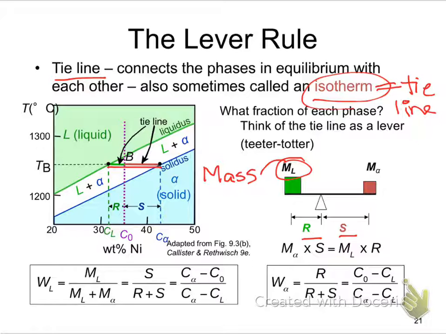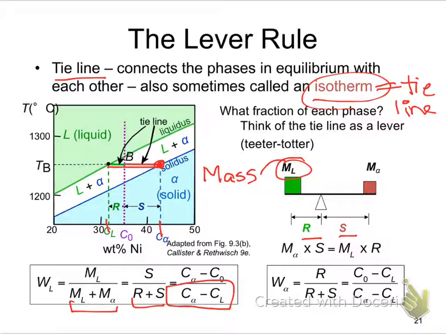What I'm going to think about is I kind of get the idea that we have a concentration of the solidus here, C sub alpha and C sub L, and that's kind of our difference between the two, and we're representing that as an R plus S or a M sub L and M sub alpha.